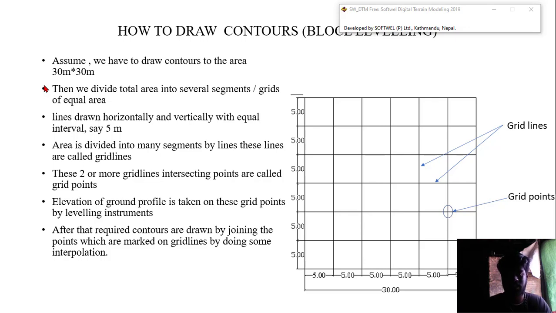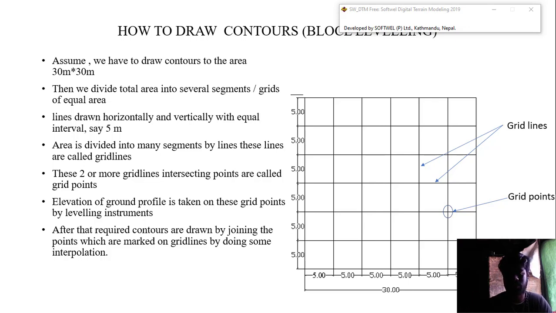We divide it at equal intervals, say like 5 meters or 10 meters, depending upon the area. Less interval means more accuracy.